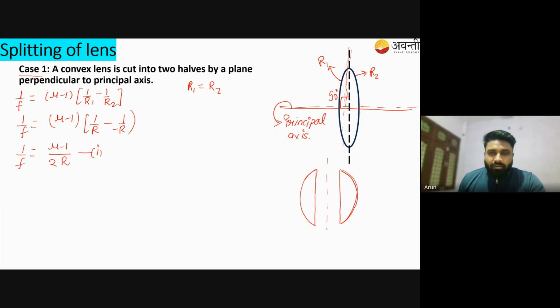This is for the full lens before splitting. Now we have split this lens, so the radius of curvature of this part remains the same, r, but the radius of curvature of this part has become infinite because this is now a plane surface.